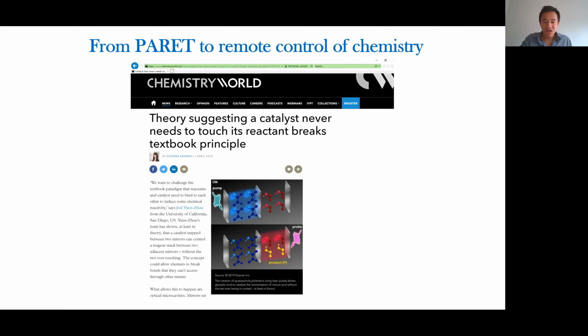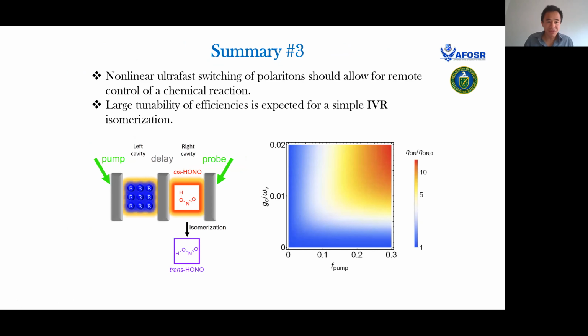Okay, so this is what we wanted to show, that you can use this nonlinear optical switching of the polaritons, which I'm sure you have also thought about similar things, but we wanted to really exploit this advantage of the remoteness, the possibility of communicating molecules, to do something interesting like a remote chemical reaction.